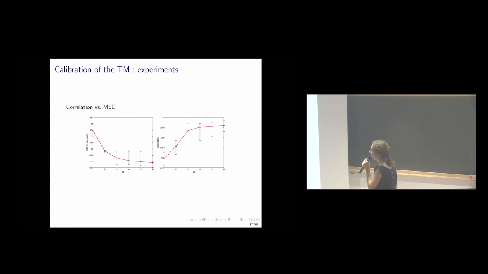You have a decrease of the MSE when you get more calibration signals. On the contrary, the correlation will increase when the number of calibration signals increases. What is interesting to see is that both fit very well, so it's quite good actually. And you have a kind of plateau for a given number of calibration signals. So it increases, but very slowly at the end.